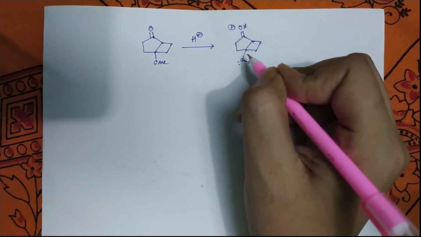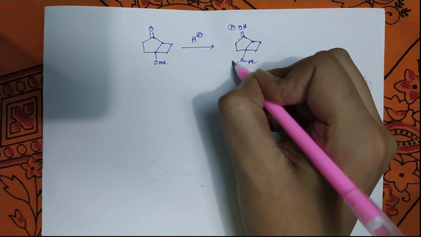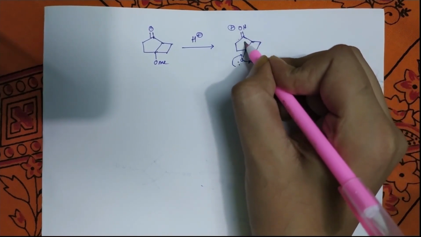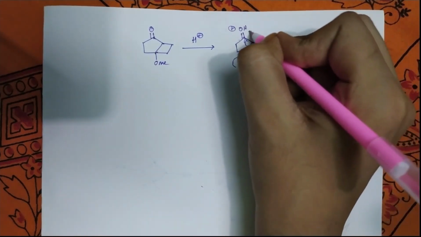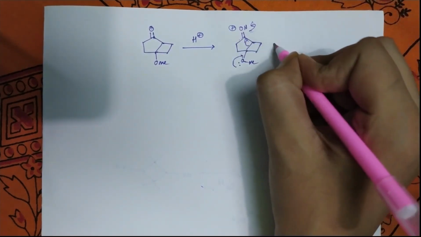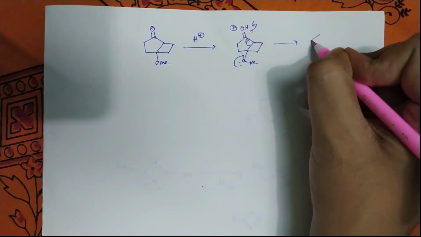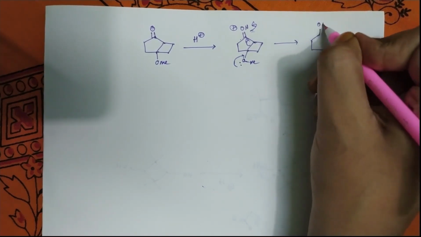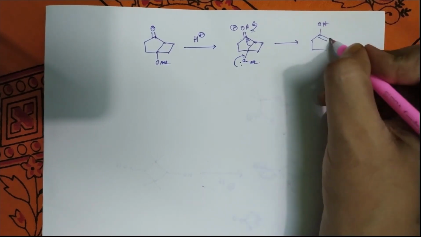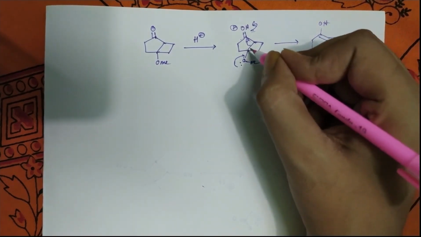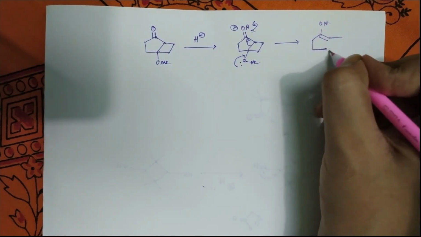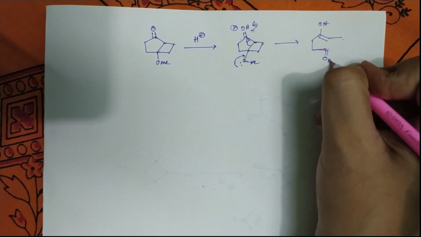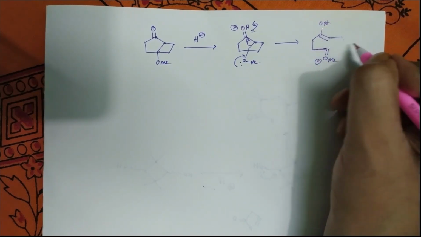So the lone pair of the oxygen pushes back to this ring carbon, and the bond with the ring carbon cleaves to another bond, creating a C double bond C, and the carbonyl group cleaves, forming an OH. So we got a ring expanded product, but we will write it in simple form. There comes a C double bond C, the rest will be as it is. There will be a double bond and an OH, which will later tautomerize.